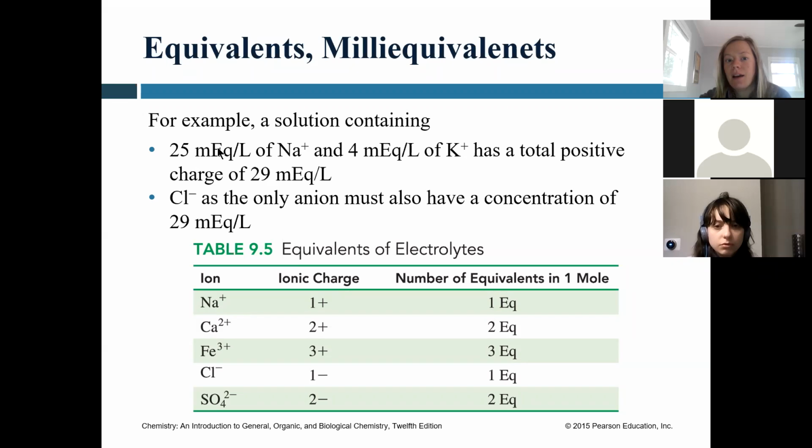So if I've got a total of 29 between these two, then chlorine needs to make up the entire 29 milliequivalents. If there was another negatively charged ion there, let's say like fluoride, we would have to divvy it up between the two.